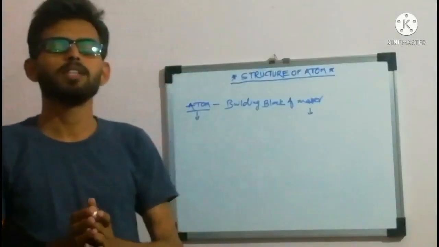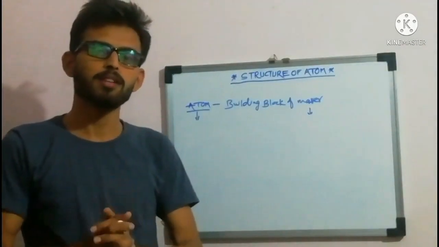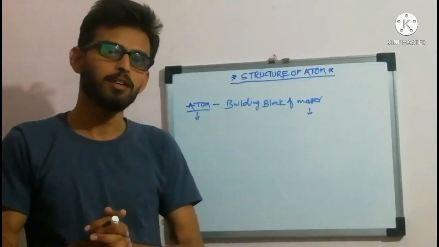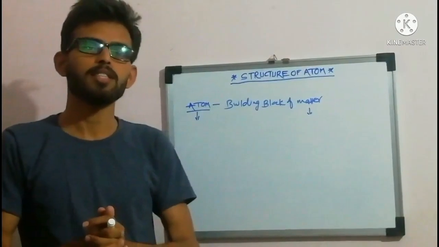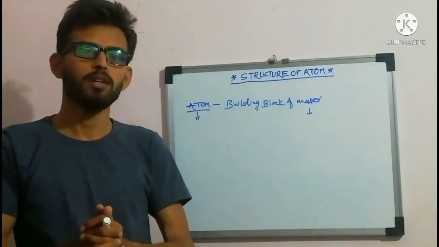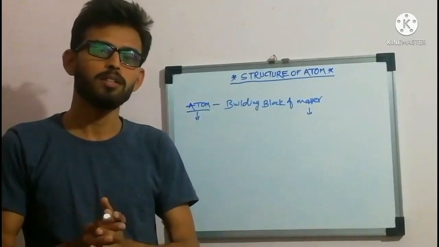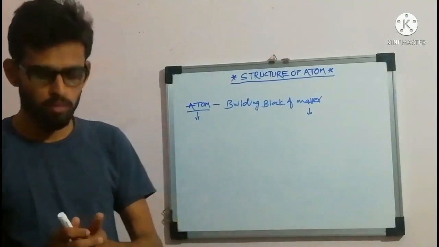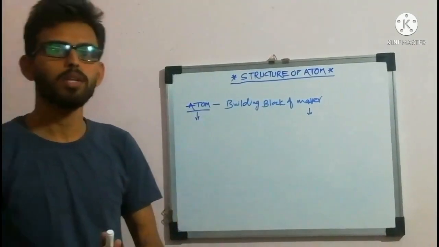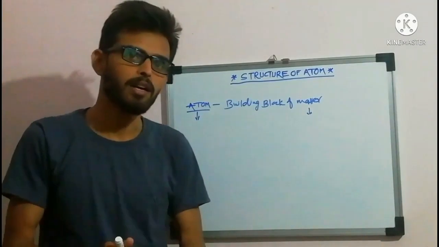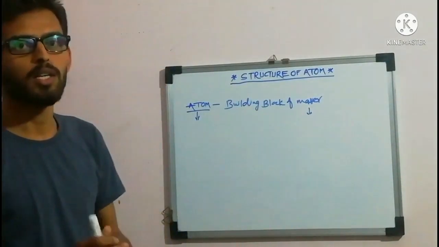Till now we studied that an atom has a spherical structure, and in this structure there are three subatomic particles called electrons, protons and neutrons. Through the drawing we can see how an atom actually looks.